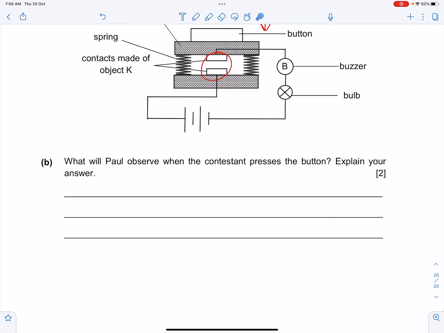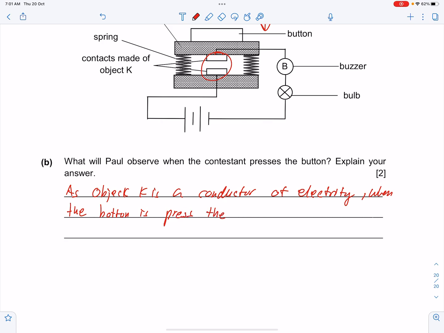Okay, so we need to explain. So we would say that as object K is a conductor of electricity, have to mention that, okay, when the button is pressed, the circuit is closed.